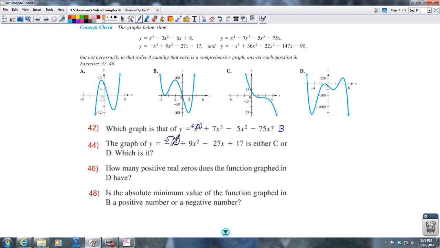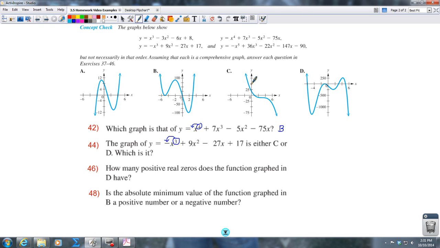There is a rule that says if you have an exponent of 3, you can have at most 2 local extrema. The local extrema are those spots where there's a switch in the graph from increasing to decreasing. This is a local extrema, this is a local extrema, local extrema, local extrema.